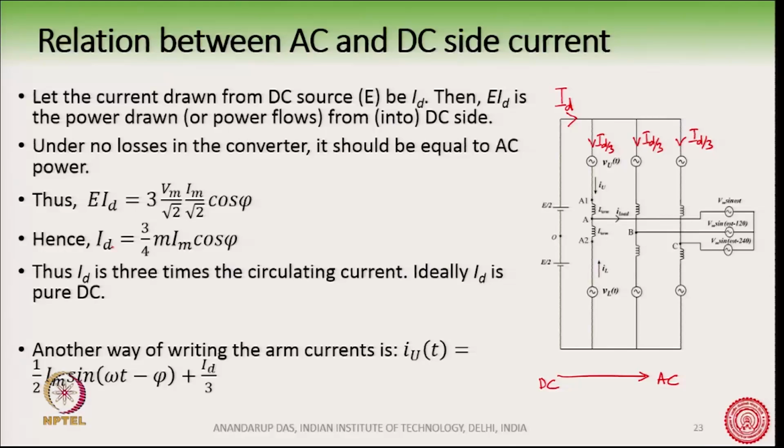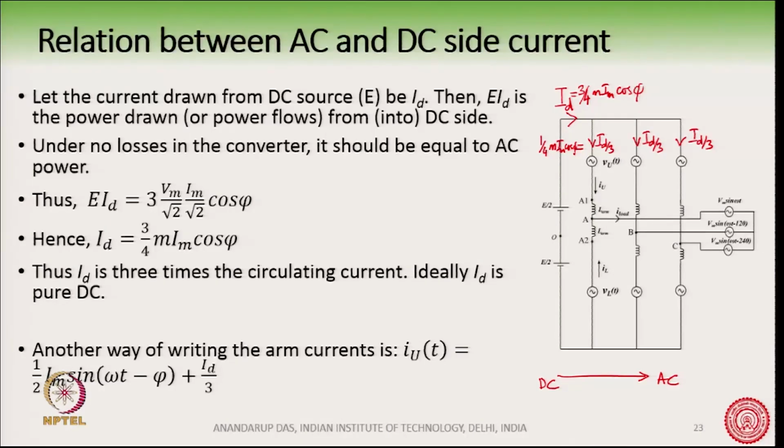And so, this ID is 3/4 m I m cos phi. This ID here is equal to 3/4 m I m cos phi, and so this ID by 3 will be equal to 1/4 m I m cos phi, seeing from the power balance.